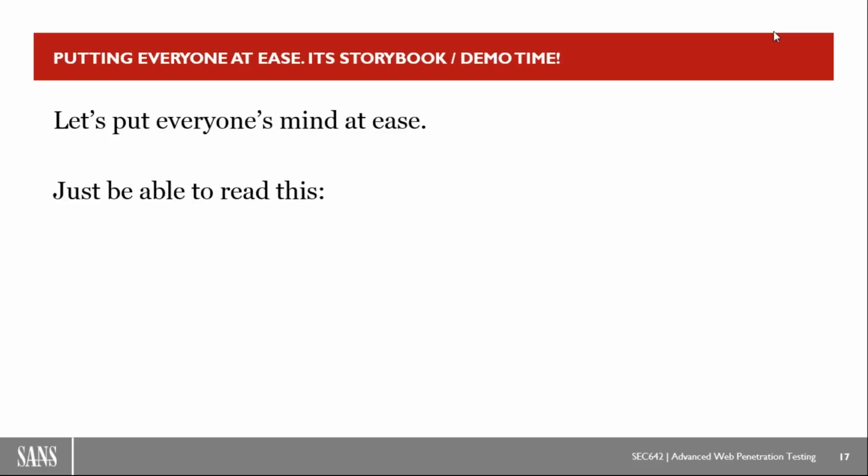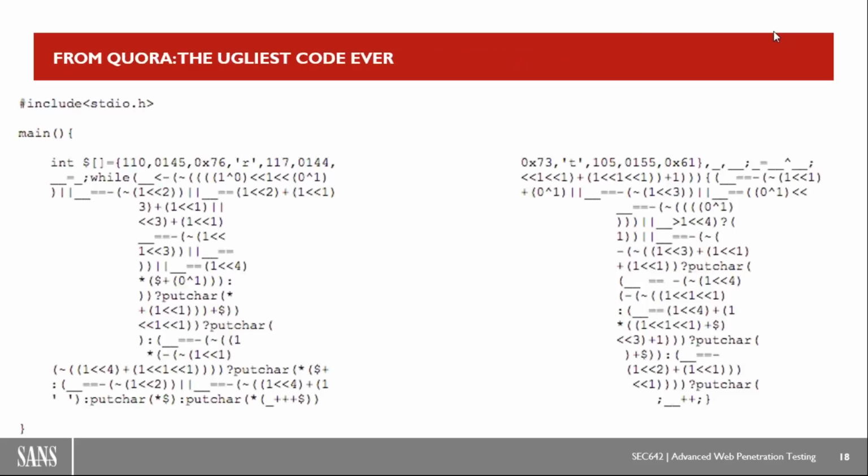So first of all, just to put everybody's mind at ease about how much code they need to read to do the class, it's just this. And hopefully everybody can understand this. If you can, then we can proceed with a demo, because this is pretty clear. I think it says something like IT, but I'm not sure. I'm just kidding.